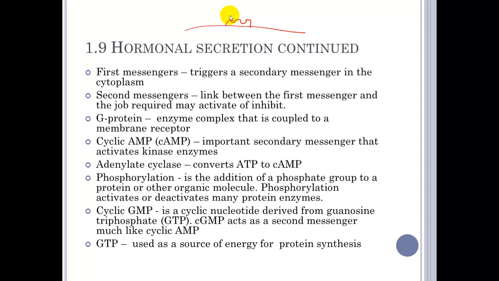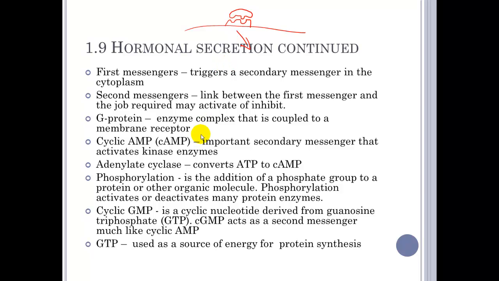And whenever the hormone hits that, it creates a secondary messenger. A secondary messenger is a link between the first messenger and the job required, and may activate or inhibit. So this messenger here may actually stimulate something, or it may put the stop on something.